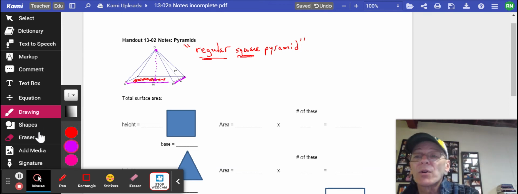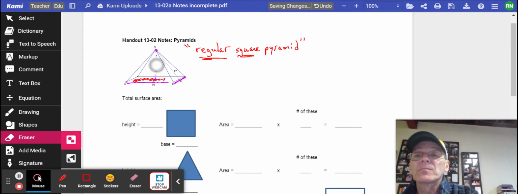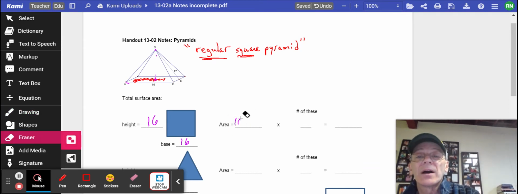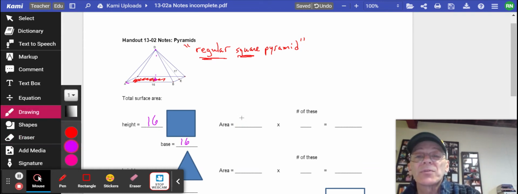Okay. So going back to the base surface now, let me just get rid of some of this clutter. The base is a square. Okay, and so if one side of the square is 16, then all sides of the square are 16. Okay, so 16 times 16, that would be, well, I'm not going to write the calculation in that space. I'm just going to write the result. The area is going to be 256.